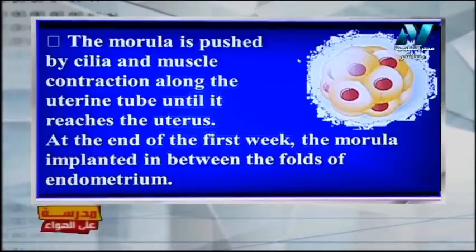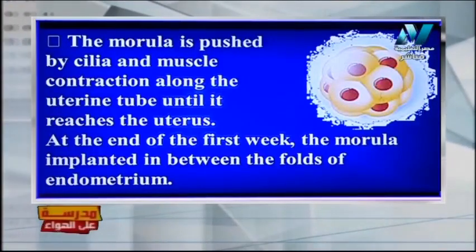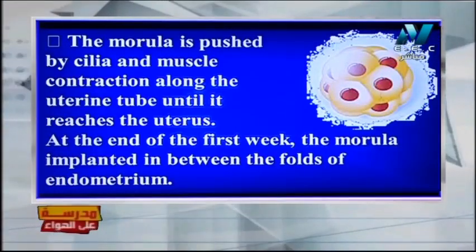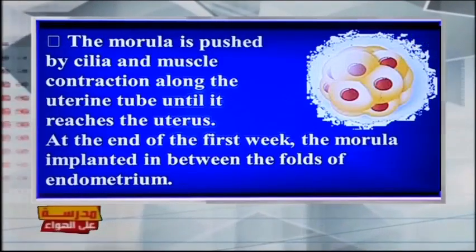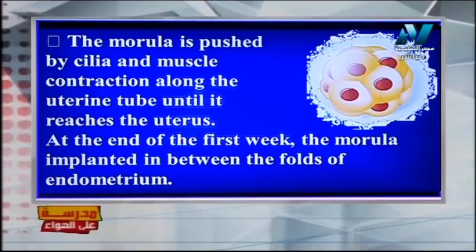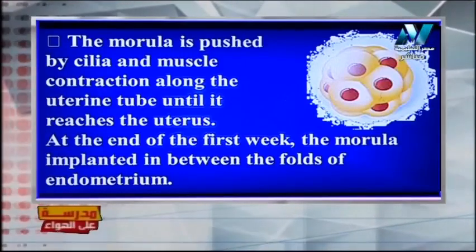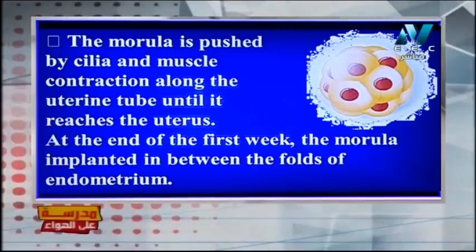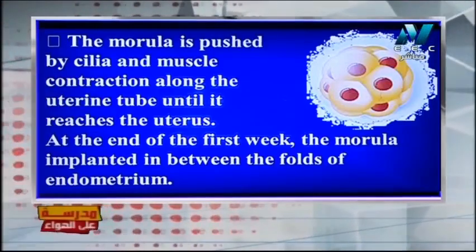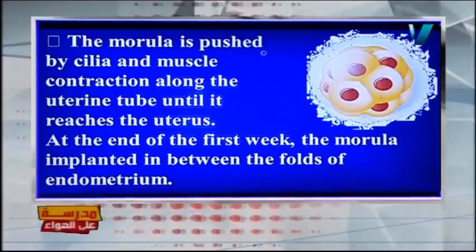The morula is pushed by cilia and the muscle contraction along the uterine tube until it reaches the uterus. At the end of the first week, the morula implanted in between the folds of the endometrium. يبقى الmorula دي هتتعلق أو يسموها كمان علقة في الfolds اللي موجودة في الendometrium.